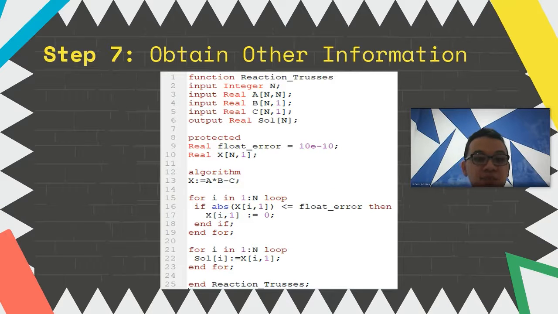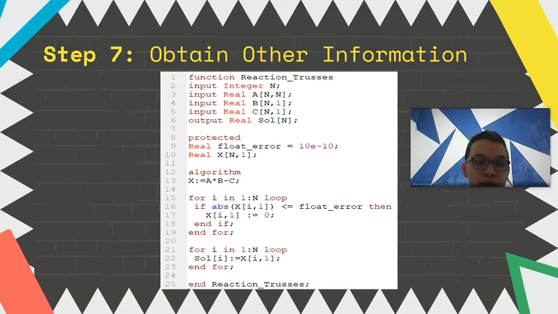Then for step 7, we can obtain other information. For this step, I use the reaction process function. Input integer n, input real a n comma n, input real b n comma 1, input real c n comma 1. Then the output is real solution n. And for the protected function, real float error equals 10 to the power of minus 10 and real x n comma 1.